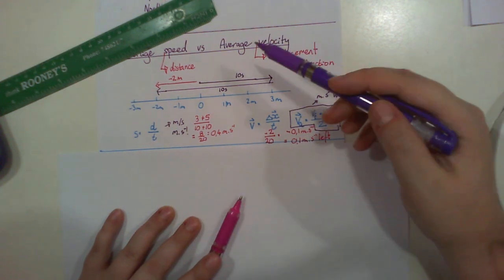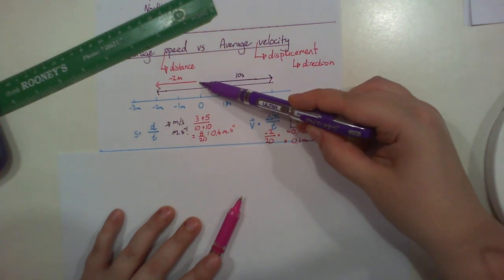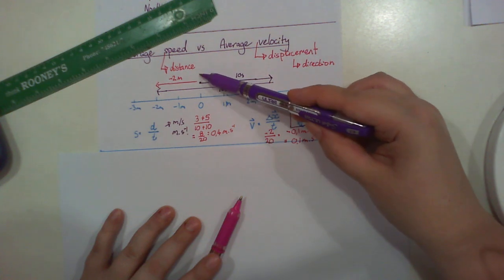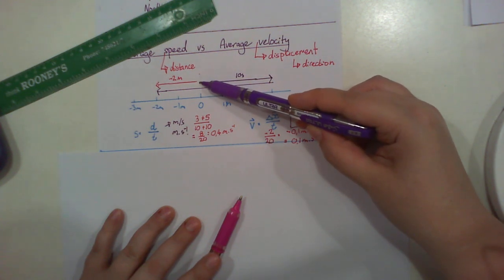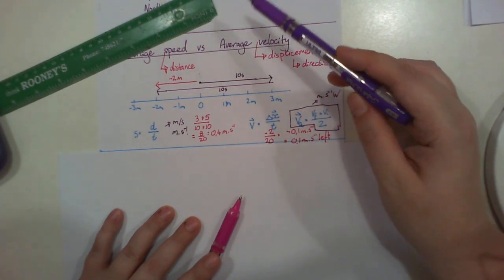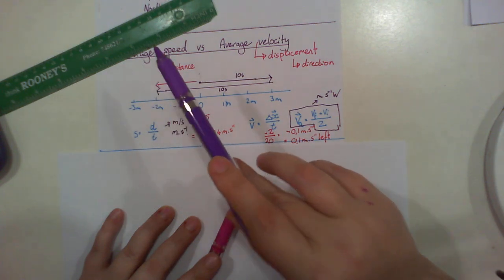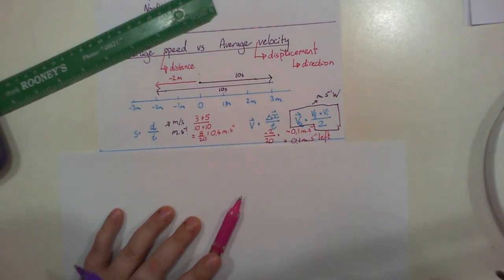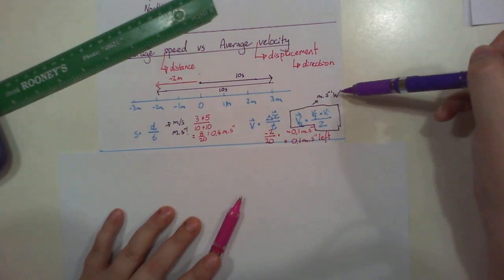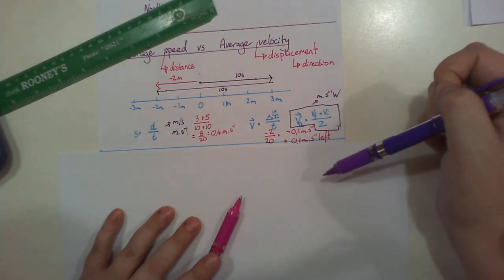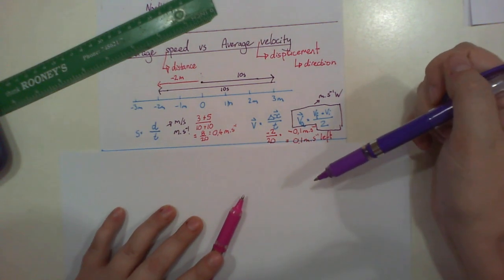If I knew, for example, my velocity here was 2 meters per second and my velocity here was 3 meters per second but negative, we could work out the average. Are we okay with that? We will apply that in some problems later. Good.